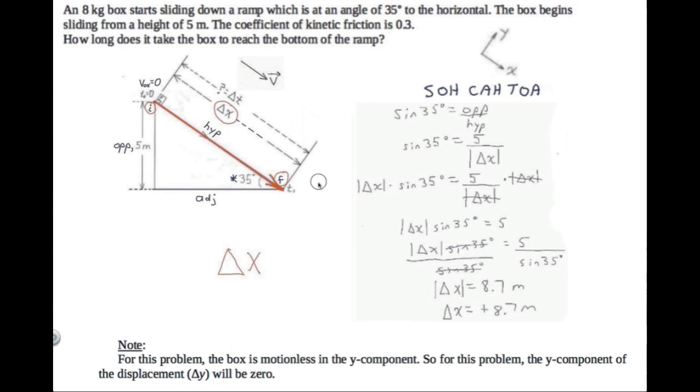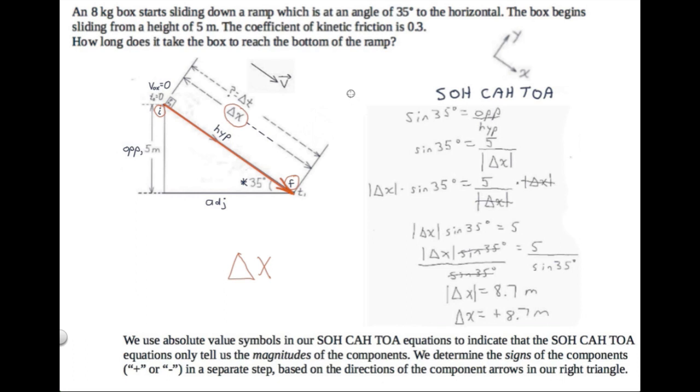Build as much kinematics information as you can into your sketch. You can see that I've built the symbol delta x into my sketch to indicate that this colored arrow from here to here represents delta x, the x component of the displacement. Now the problem gave us that we were dealing with a height of 5 meters.